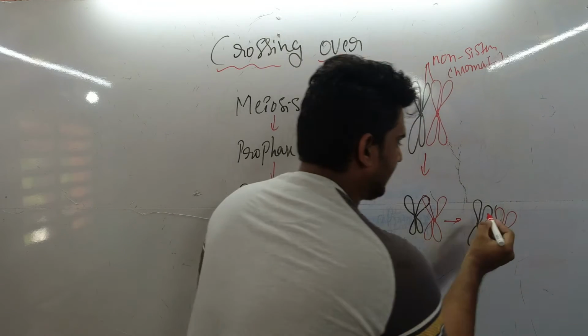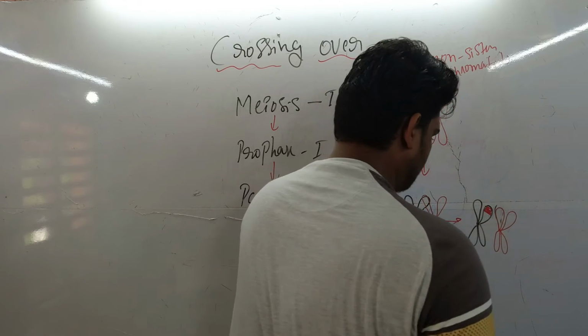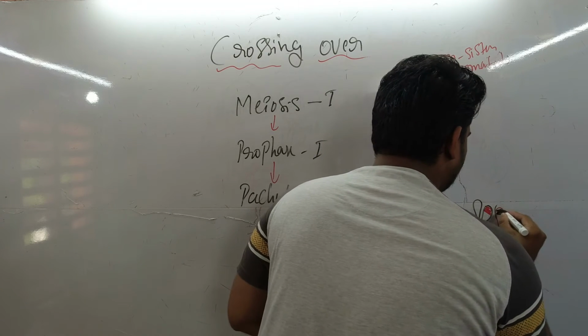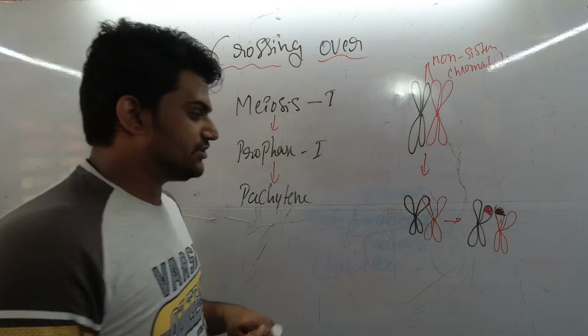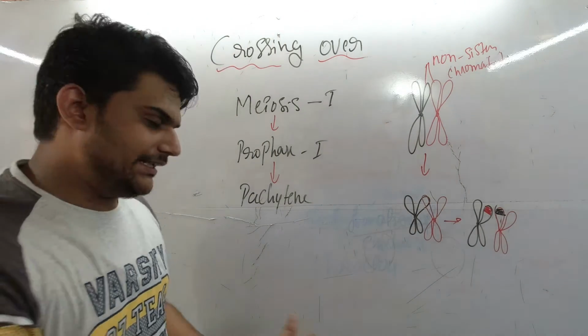I'll show the exchange of characters here. Only a small part of the chromosome, of the non-sister chromatids, has been exchanged. How this is exchanged, I'll tell you.